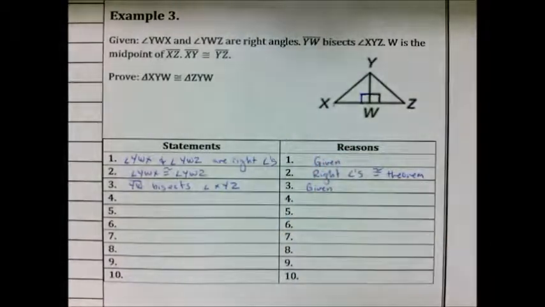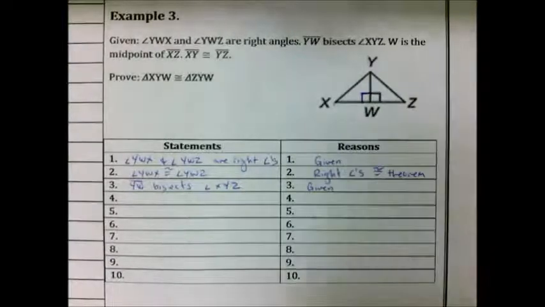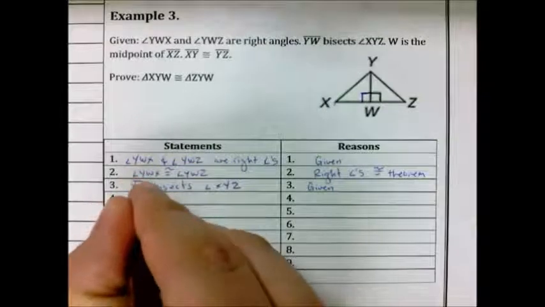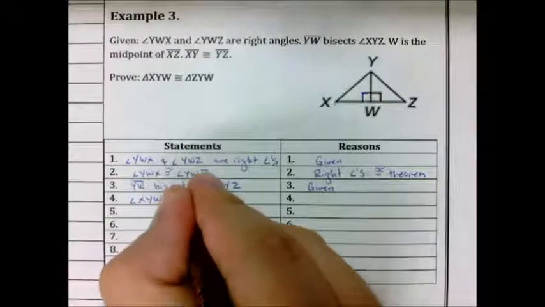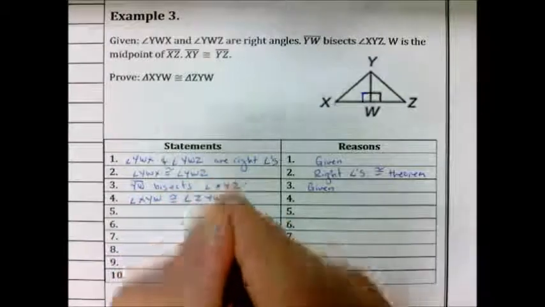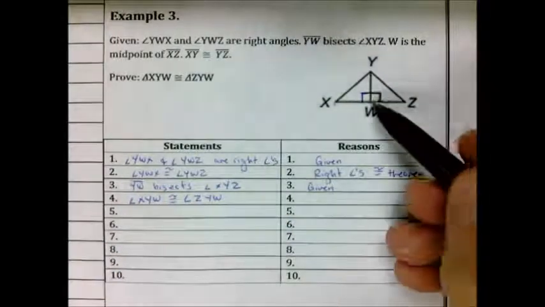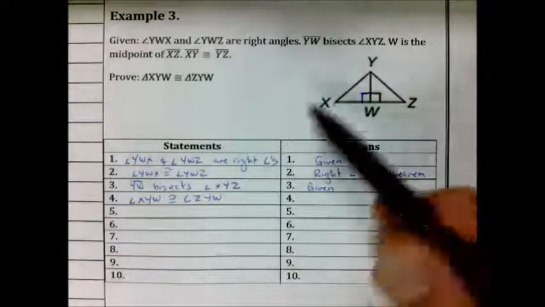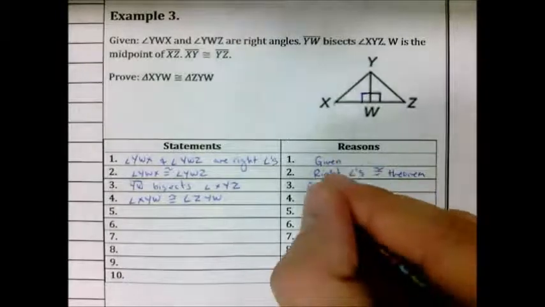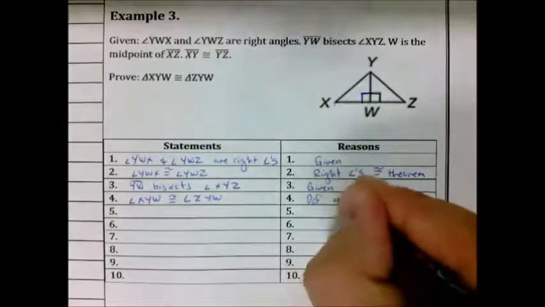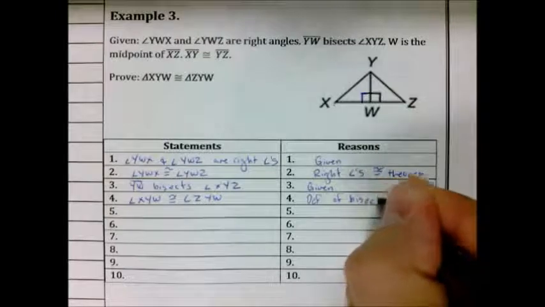And we can conclude then that angle XYW is going to be congruent to angle ZYW. The reason we can conclude that is that if this line bisects it, that means that this angle was cut in half. And so that's the definition of bisecting angles.